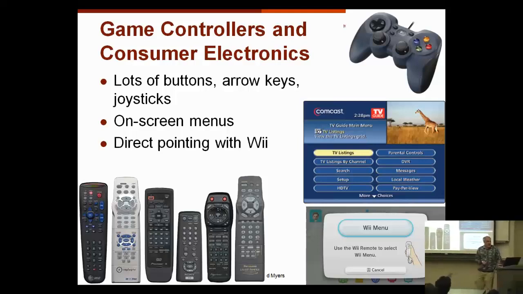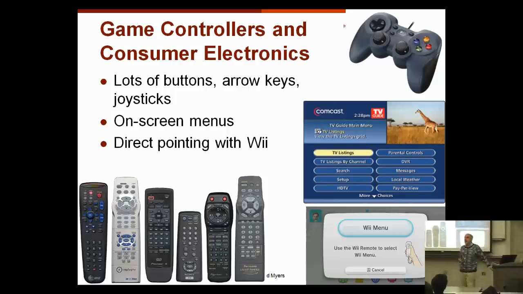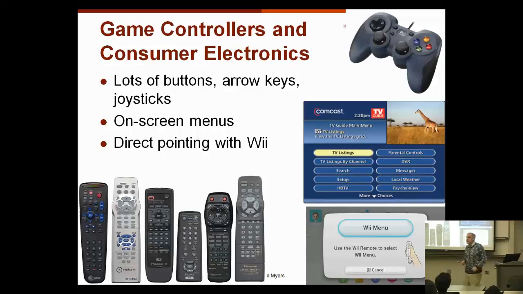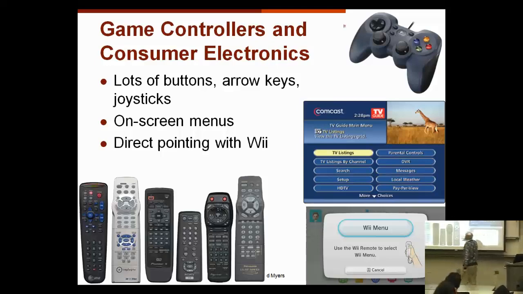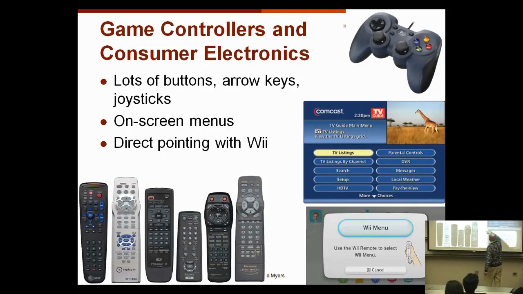I don't think there's been much of interest in the area of game controllers and consumer electronics. Obviously, you have enormous numbers of fixed controls, either on the controller or on the remote controls especially. Typically, there's a set of arrow keys and a button to use with on-screen menus.